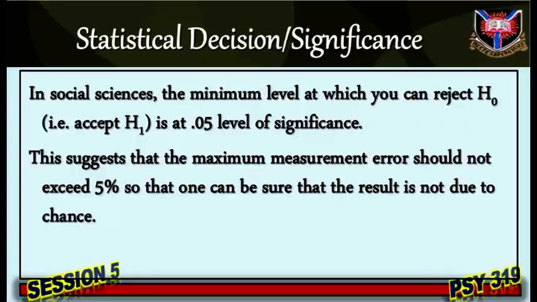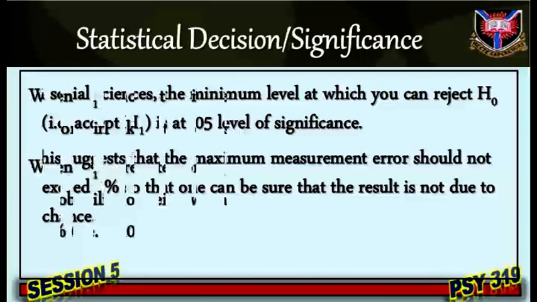In social sciences, the minimum level at which you can reject H0, that is, accept H1, is at 0.05 level of significance. This suggests that the maximum measurement error should not exceed 5% so that one can be sure that the result is not due to chance.